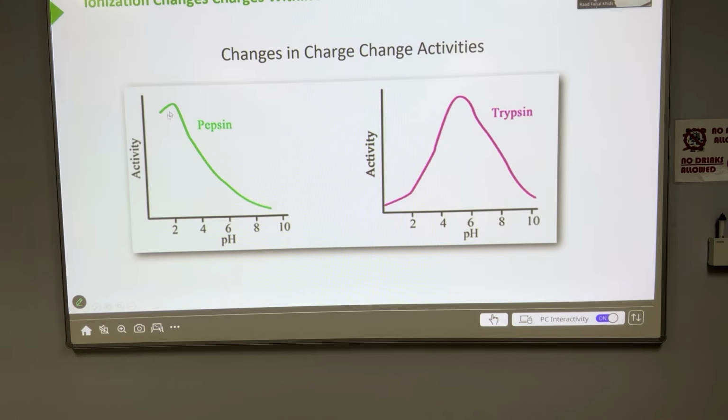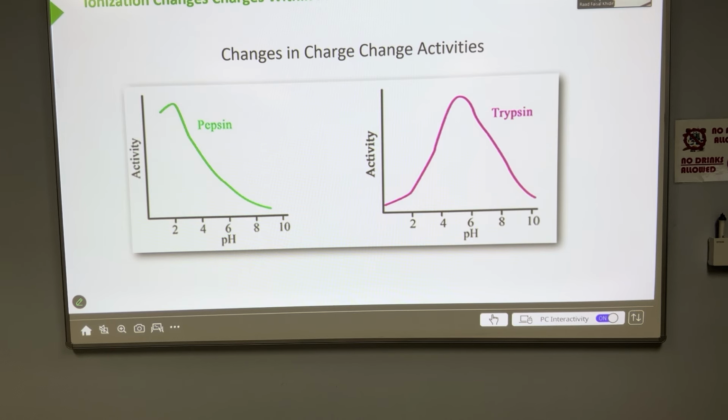So that shows you the activity of pepsin at pH 2.5 or pH 3. What is pepsin? Pepsin is an enzyme that digests proteins. And trypsin is another enzyme. Pepsin is secreted in your stomach by chief cells.